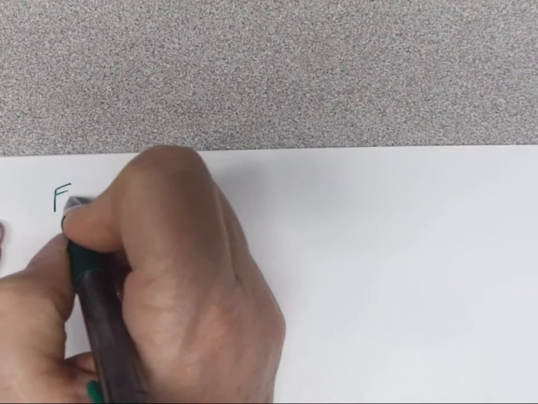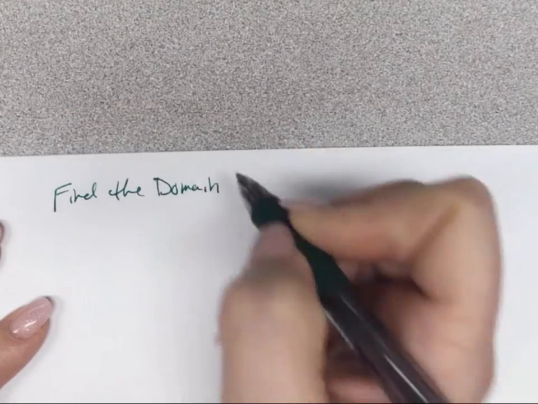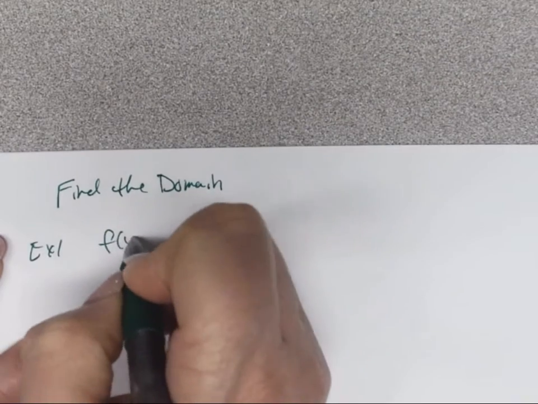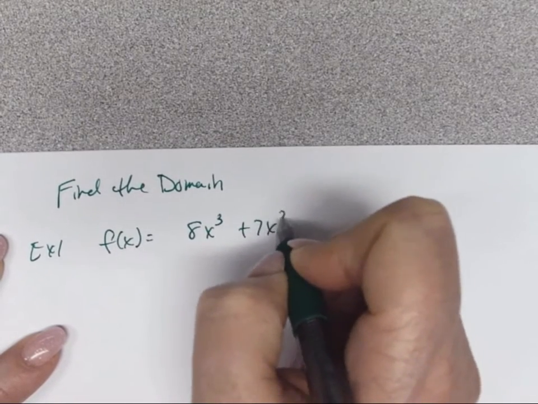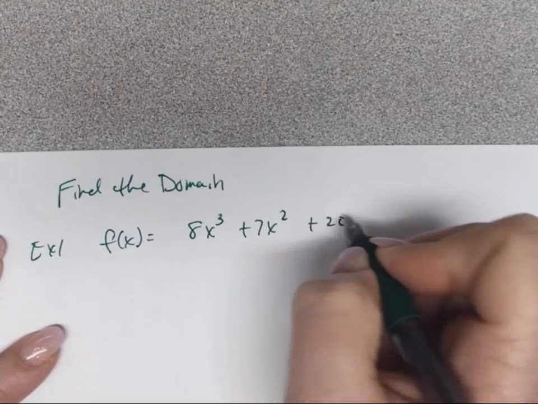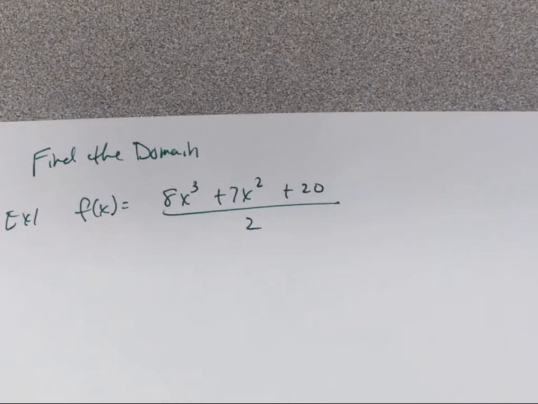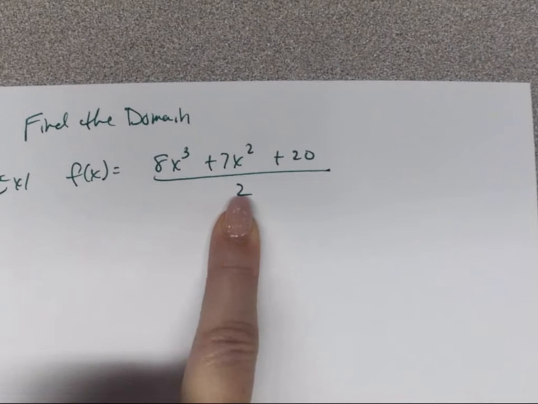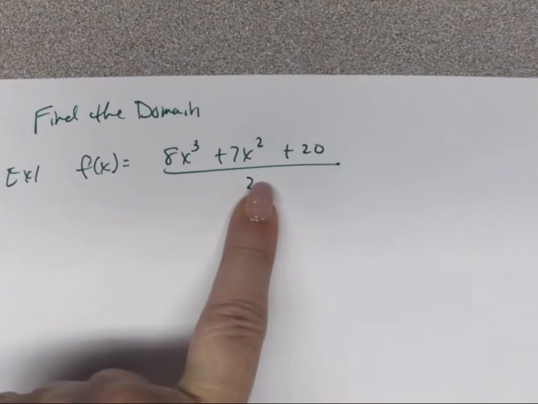So we're looking at finding the domain. For example 1, we have f of x equal to 8x cubed plus 7x squared plus 20, all over 2. To find the domain, all we care about is setting the denominator equal to 0. Well, 2 can never be 0. There is no variable here.